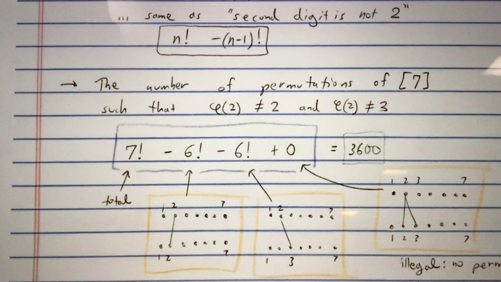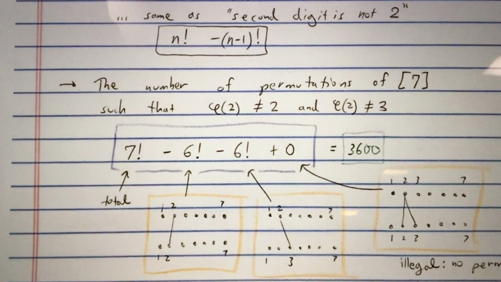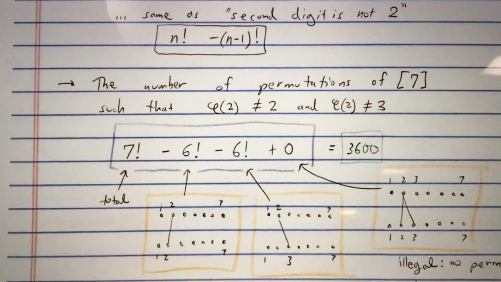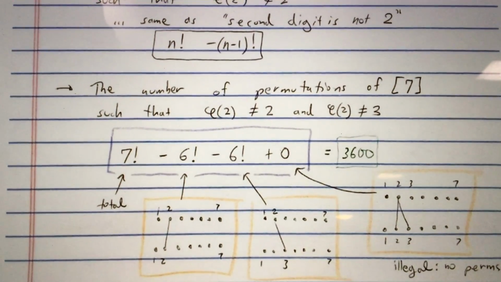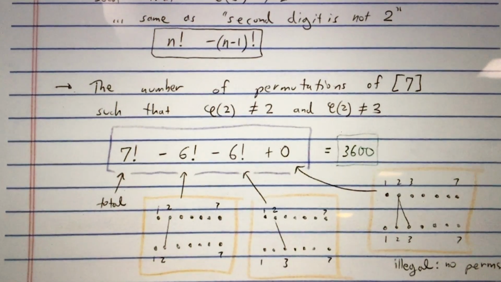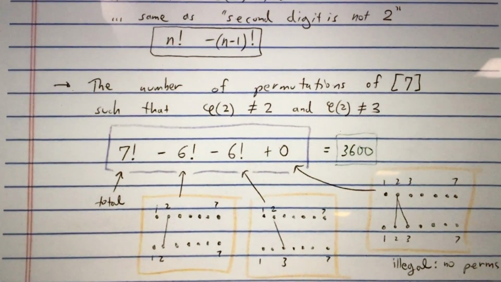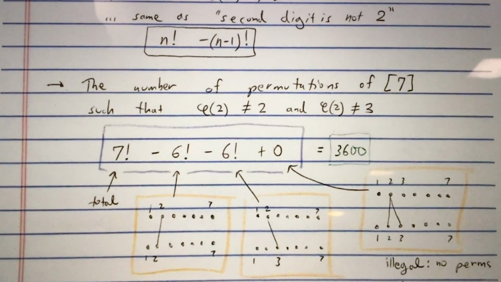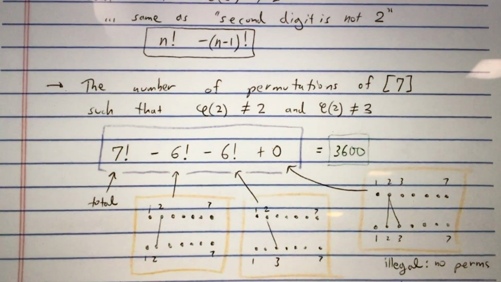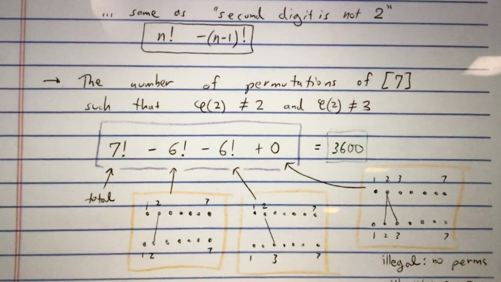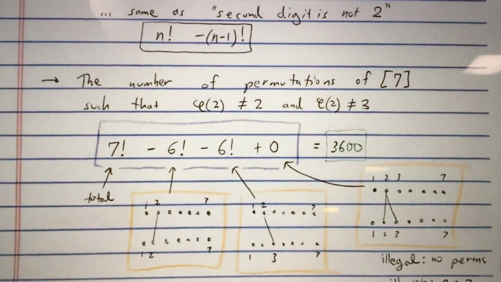And then next we usually have to add back in the intersection. That would be where phi of 2 does equal 2 and phi of 2 does equal 3. So I drew a picture of that. Phi of 2 is equaling 2 and phi of 2 is equaling 3. So there's a string going to both. But that is no longer a function.